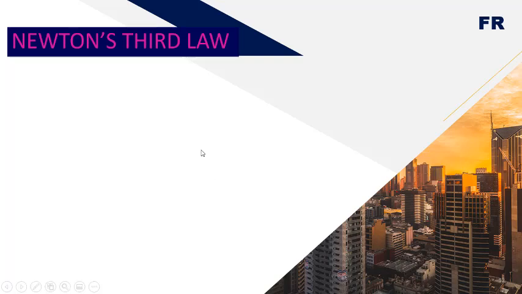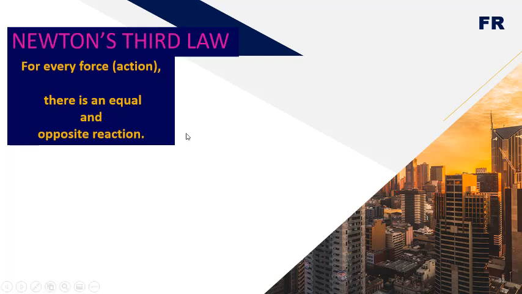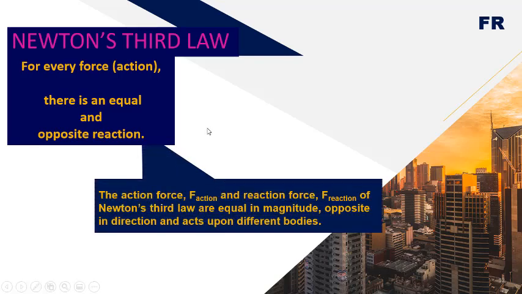Now we look at Newton's third law of motion. For every force which is action, there is an equal and opposite reaction. The action force and the reaction force of Newton's third law are equal in magnitude, opposite in direction, and act upon different bodies.